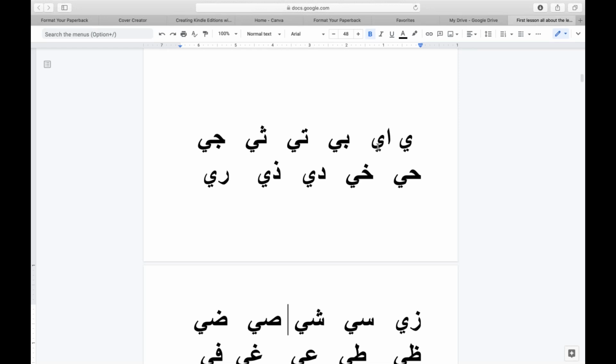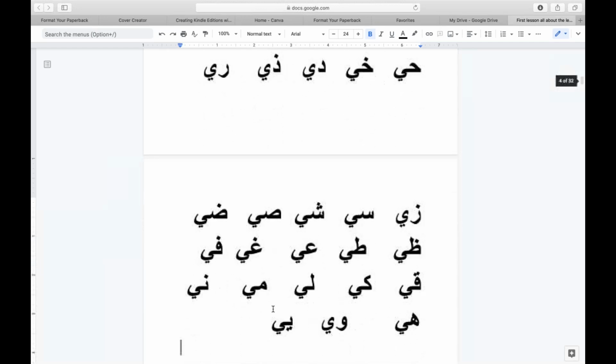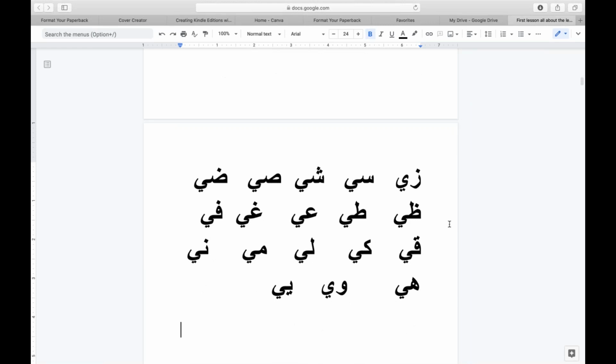So a, b, t, th, j, h, kh, d, th, r, z, s, sh, s, d, or however it sounds in your original language. And if you are not an Arabic speaker, again, do it either way, okay?